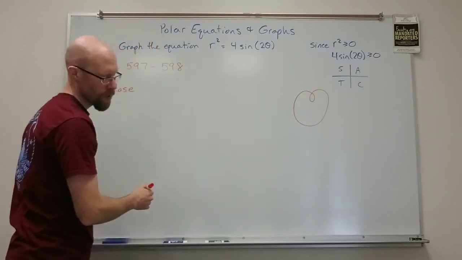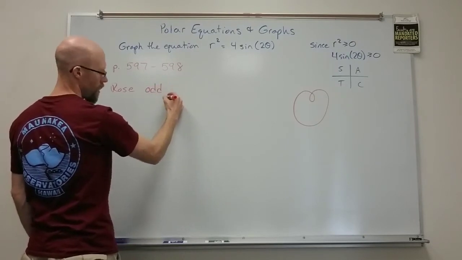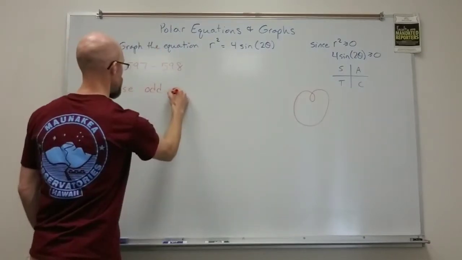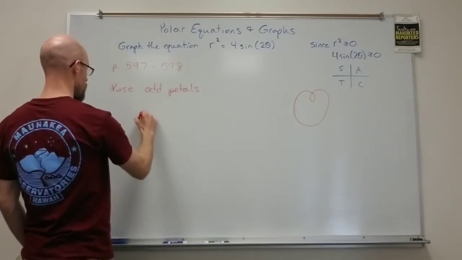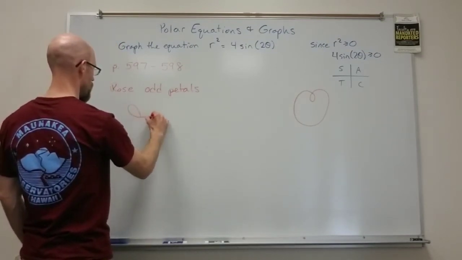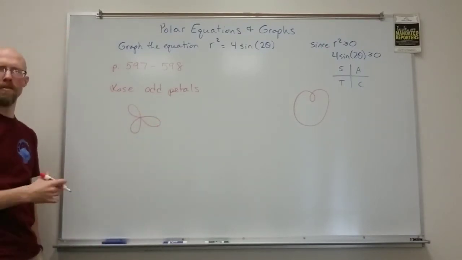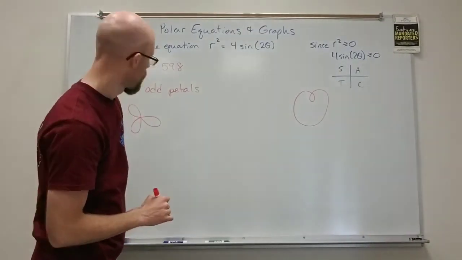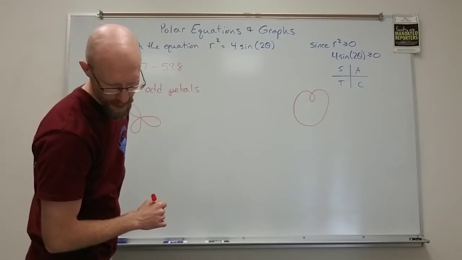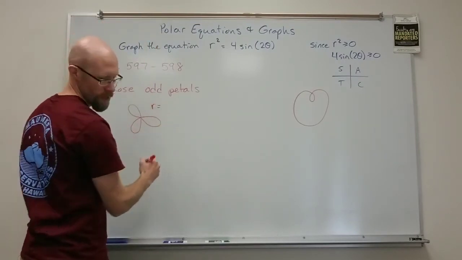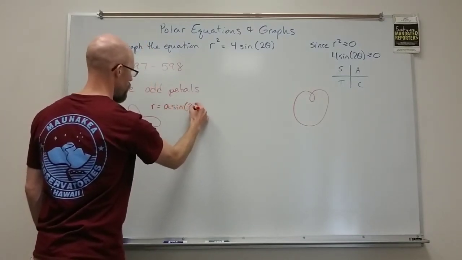If you have an odd number of petals, your graph could look kind of like, that's one with 3 petals, roughly like that. It doesn't look real nice. Anyway, the formula would be R equals a sine of 3 theta.